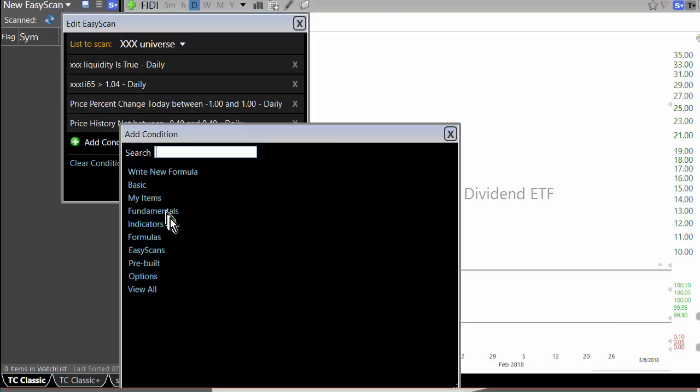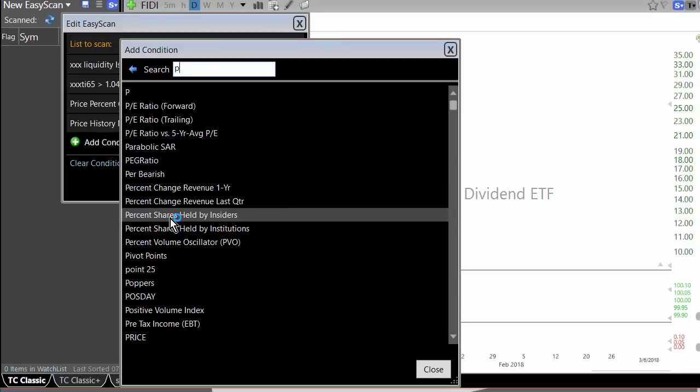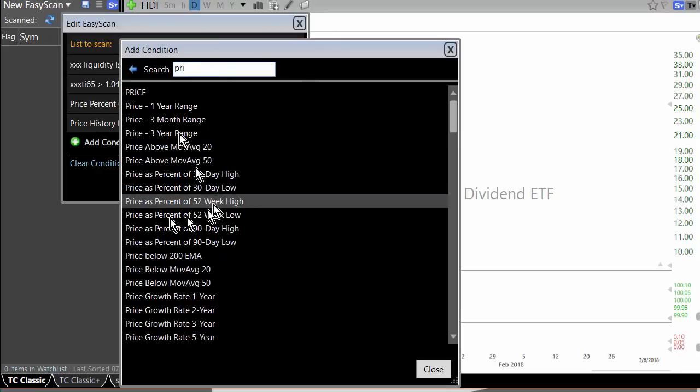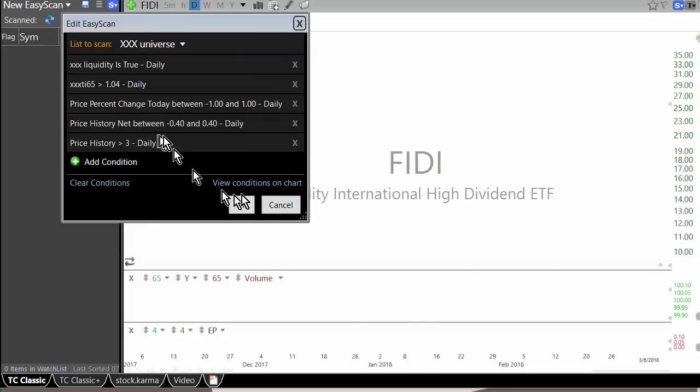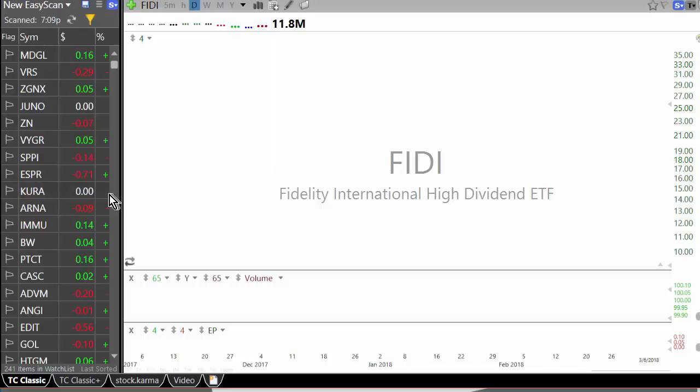And then I add a condition which is price. Again, you're looking for price. So you'll go to price and greater than 3, so that way you're not looking at very low price stocks. So when you apply all these conditions on the universe, which is liquidity is true, TI65 by 1.04, price percent change between -1 and 1%, and price history is between -0.4 and +0.4, you'll get 241 stocks.